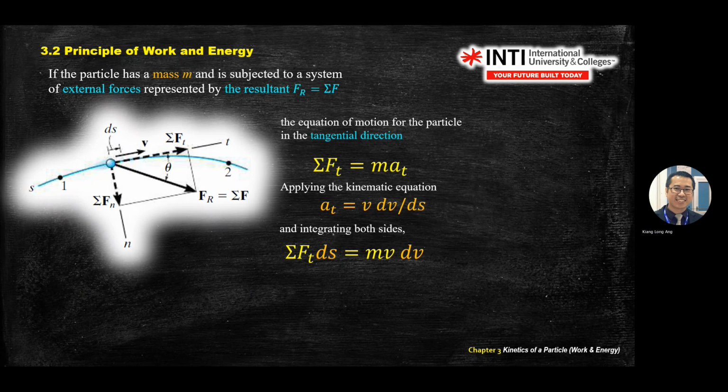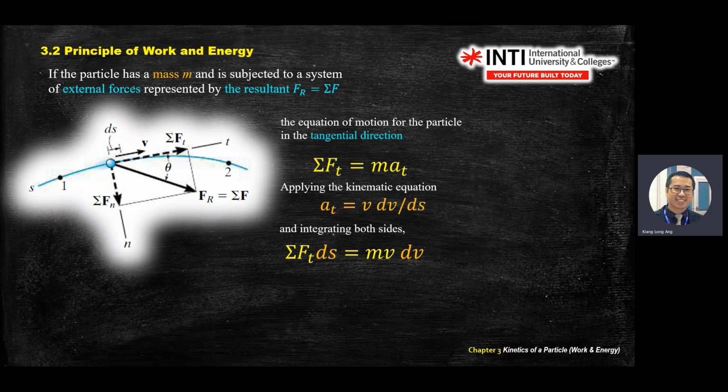Make sense? What is F ds? Work. Force multiplied by distance. You get work on the left-hand side. You integrate this one, what do you get? You get kinetic energy, because m is a constant you pull out.